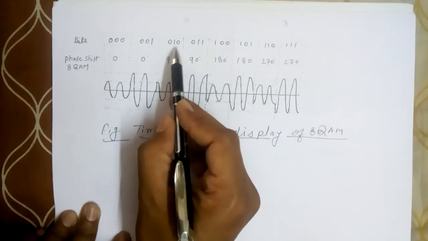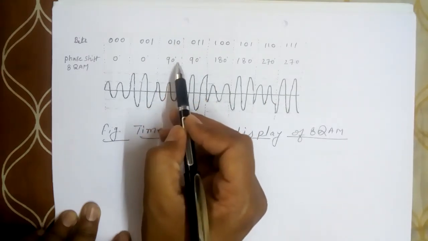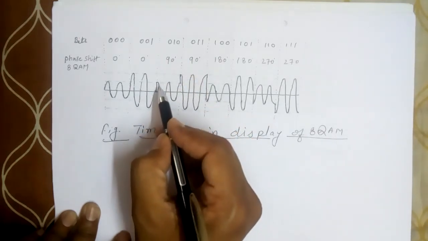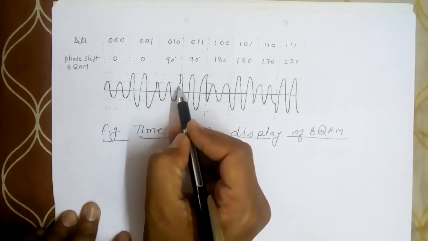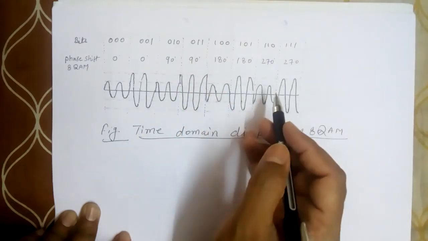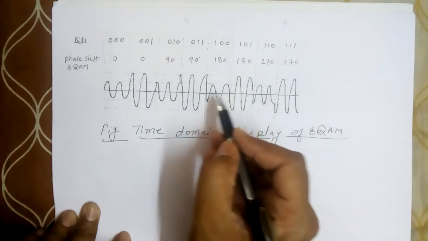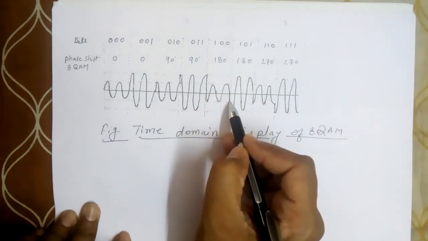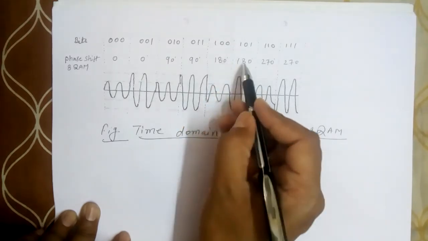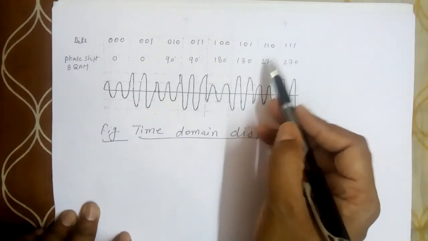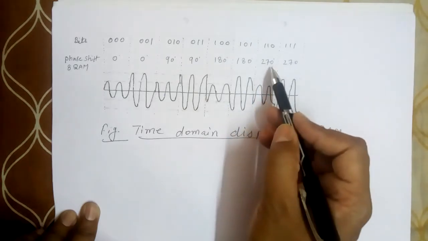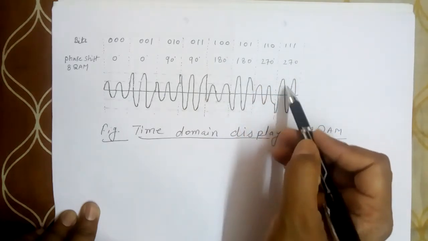Here in both the signals we have phase of 90 degree, so this one is lower amplitude of 90 degree phase, this one is a higher amplitude for 90 degree phase. Similarly for 180 degree, here the amplitude is lower and here the amplitude is higher, although the phases are same. Similarly for the next two bit configurations, the phases are same but the amplitudes are different.